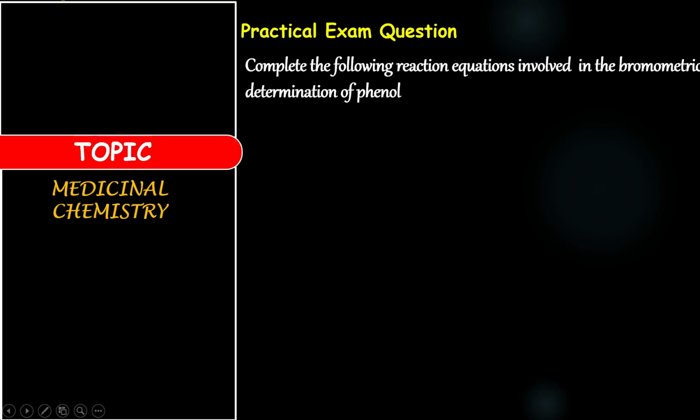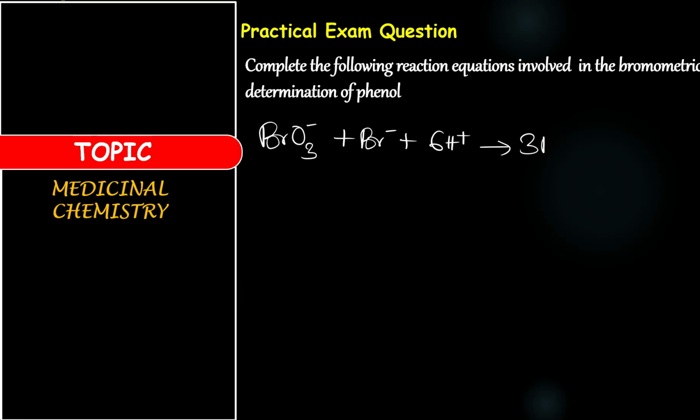All right. Now, complete the following reaction involved in the bromometric determination of phenol. Now, in the bromometric determination of phenol, you have something like this. Potassium bromide plus potassium bromate plus 6 molecules of hydrogen ion.